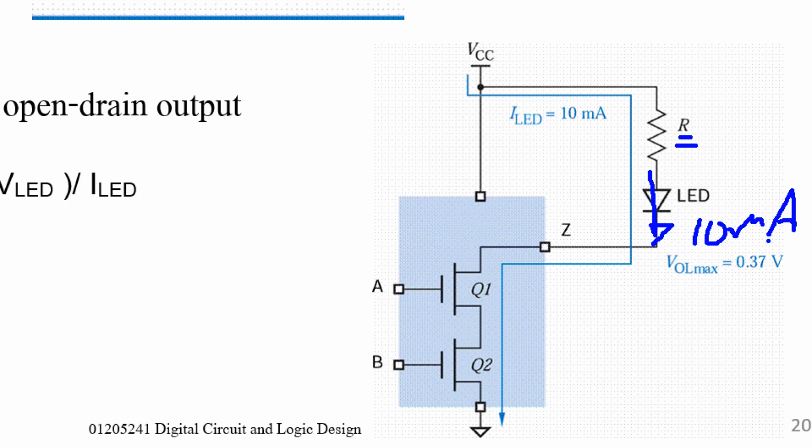When the LED turns on, the voltage across the LED may be around 1.6 or 1.8 or 2.4. Actually, it depends on the color, whether it is a red LED, green LED or blue LED. So the voltage across the LED when it's on is different.